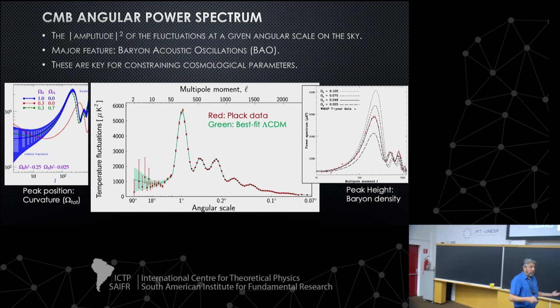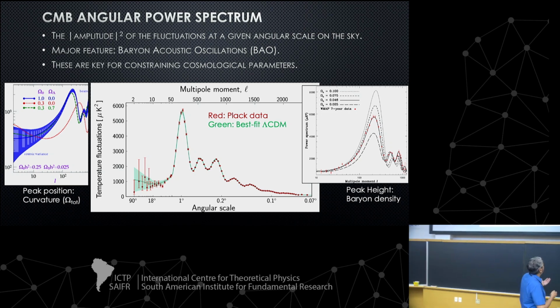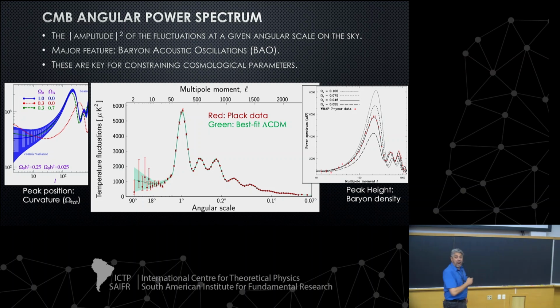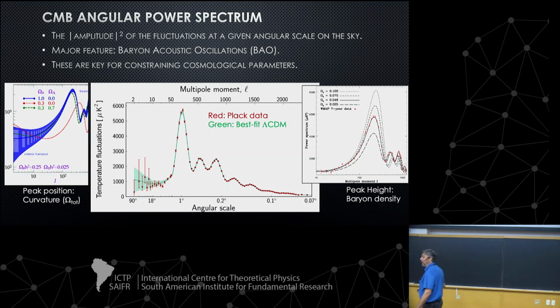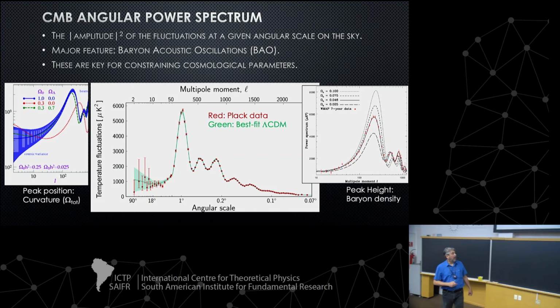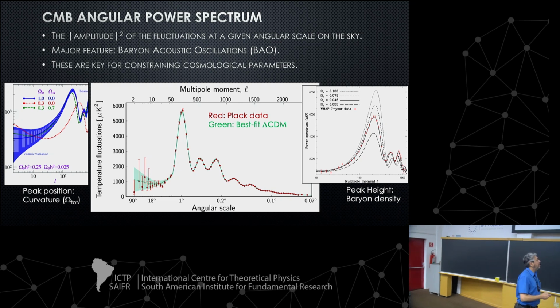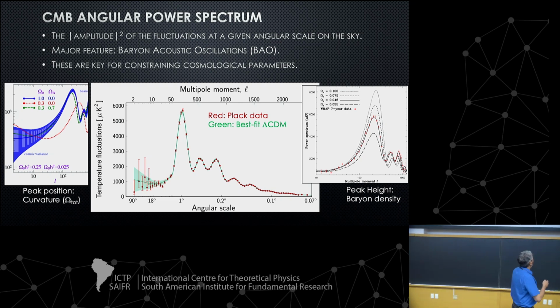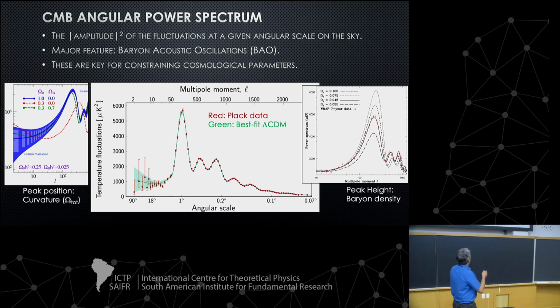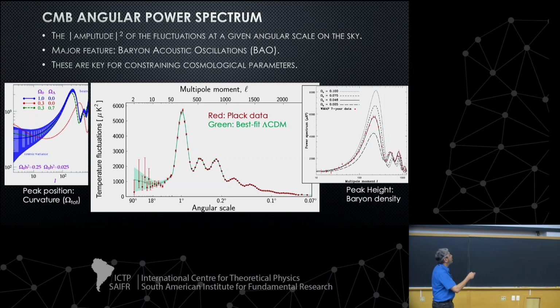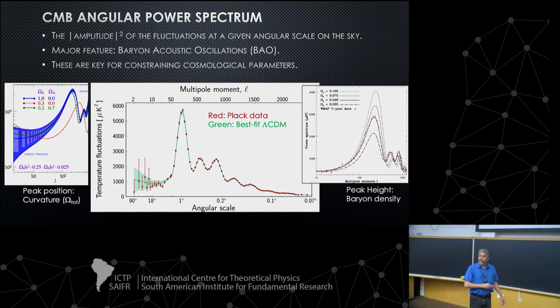You can also measure other quantities, like for instance, the baryon density. Again, this is going to be very important for galaxies, because obviously galaxies are made of baryons. So depending on the baryon density, you can get different heights of that first peak, right? Now, why is that?